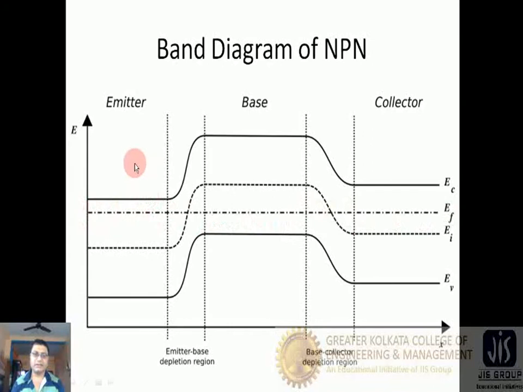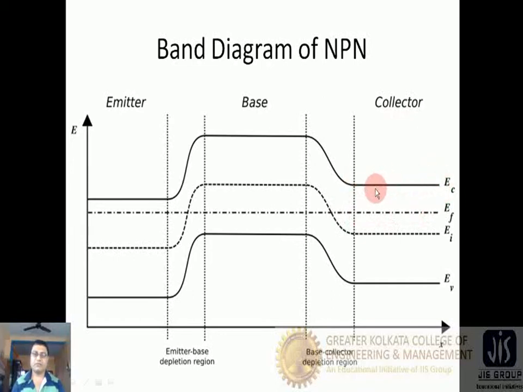It is the n-type material, so the Fermi level lies near the conduction band. It is the p-type material, so the Fermi level lies near the valence band of the band diagram. And in case of the collector region, here we can see it is nearer to the conduction band.